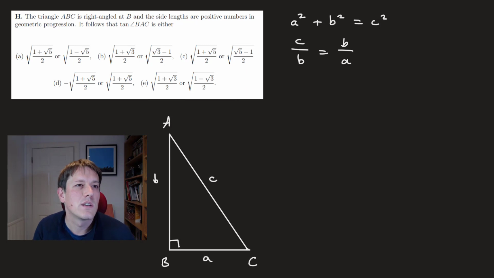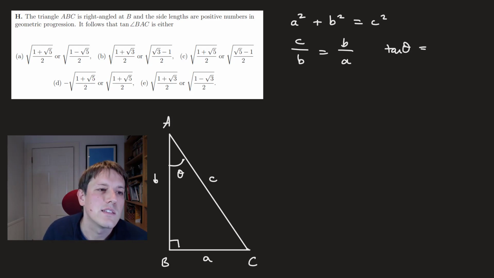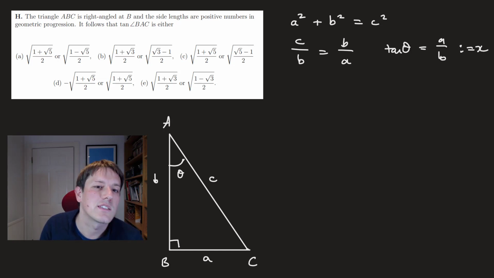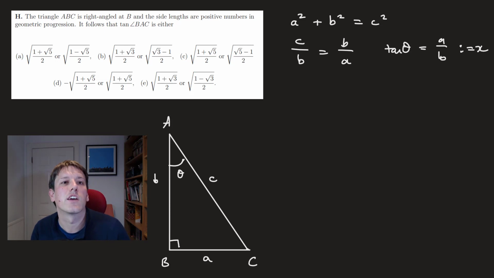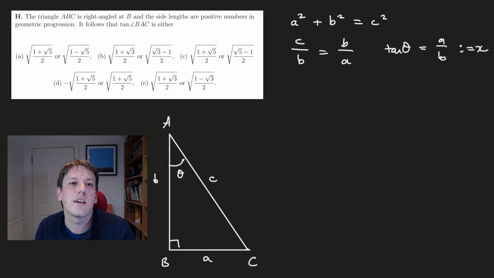And what we want to do is we want to know something about tan of angle BAC. Okay, so that's this angle here, I'll call theta, right? So tan of theta here is opposite over adjacent, so it's A over B, and let me just call that x for the purposes of this argument. So taking these two and putting them together, well, let's take Pythagoras' theorem and divide it through by b squared, right?